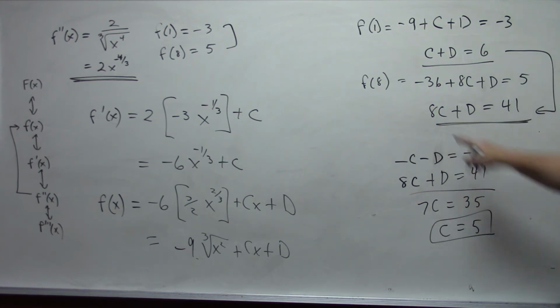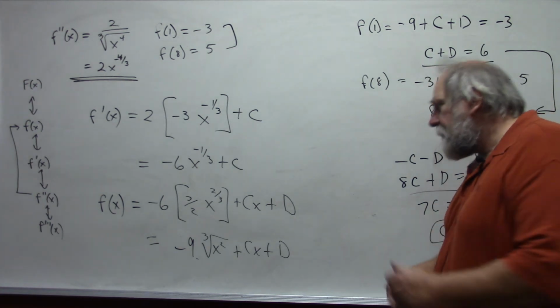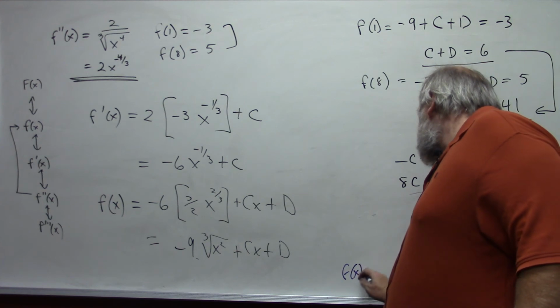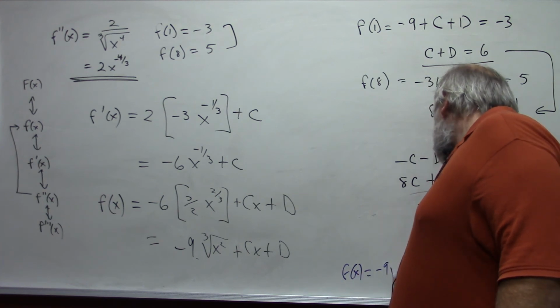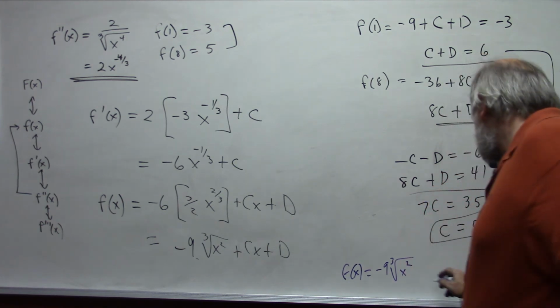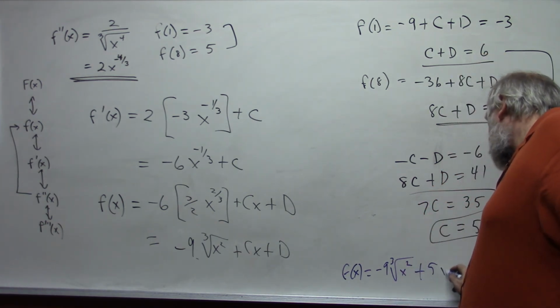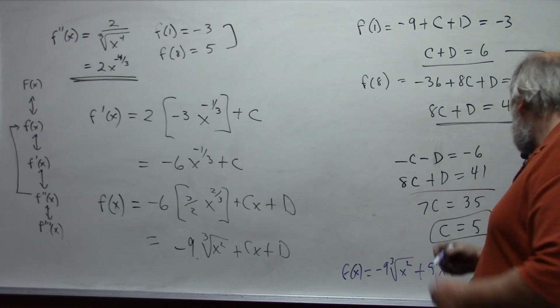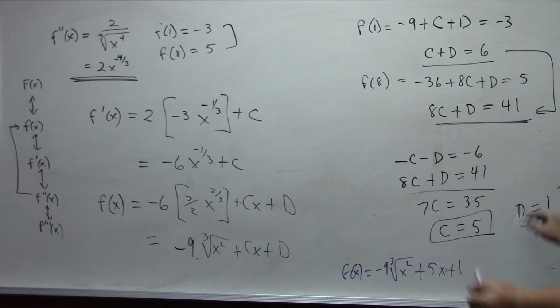And since c is equal to 5, that means that d is equal to 1. And so, final result, which I will write right down here, f of x is equal to negative 9 cube roots of x squared plus 5x plus 1, incorporating the values for c and d.